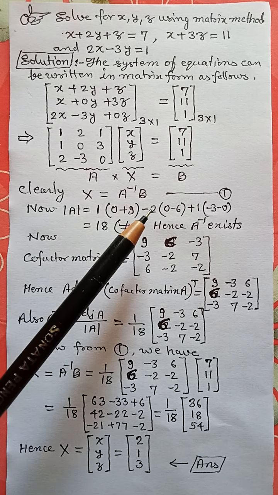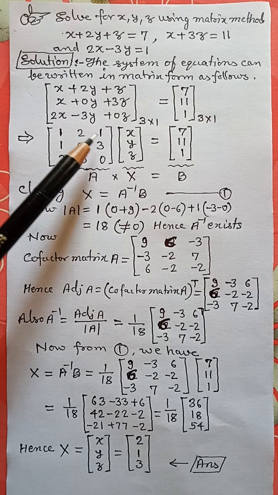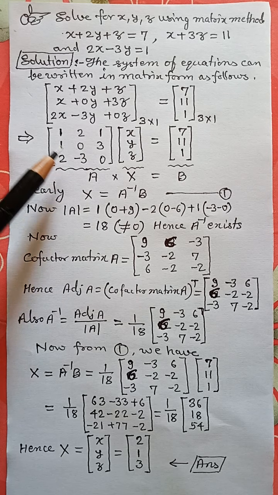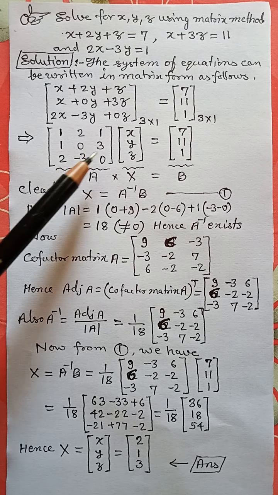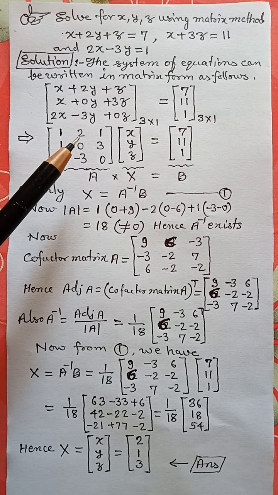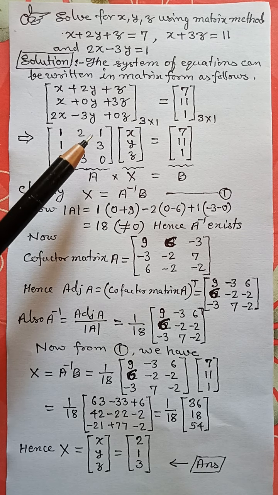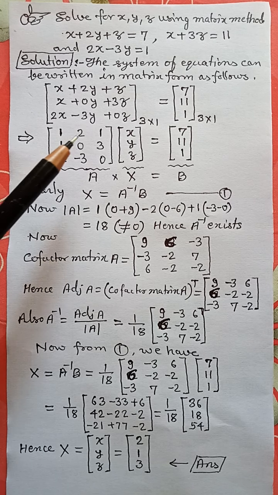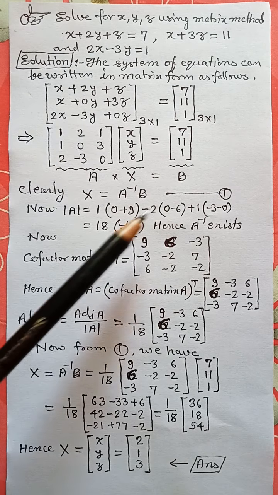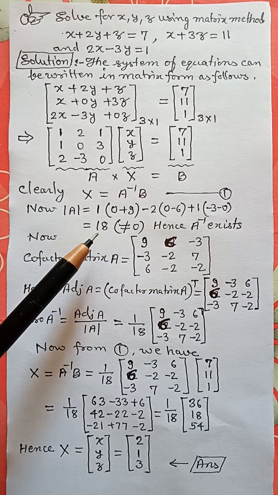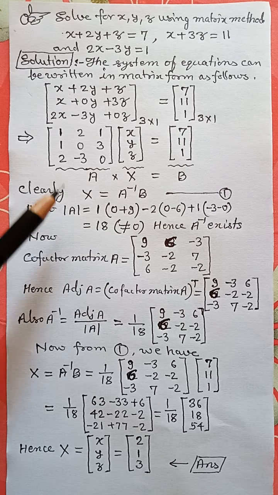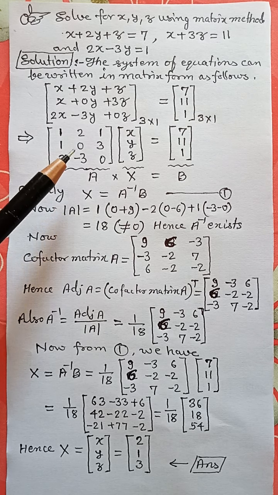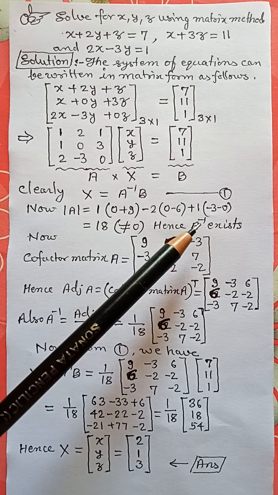Though it is a matrix, you can consider it to be a determinant. So expanding this determinant along the first row, we have the value 18, and 18 is not 0. That means the matrix A is non-singular, and hence A inverse exists.